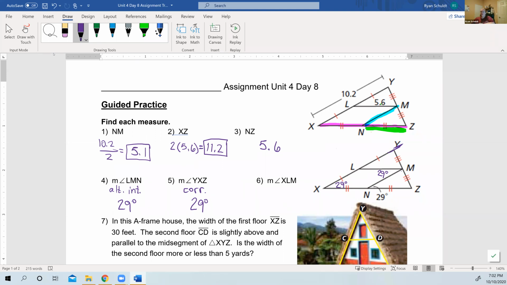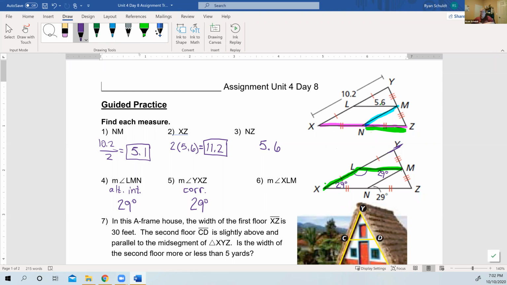And last but not least, they ask about angle XLM. That would be this angle right here. How could I find that one? Well, it doesn't matter which group I pick.